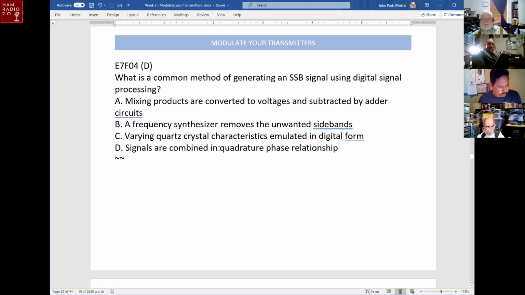It was an interesting combination of a direct conversion receiver and the quadrature phase thing that allowed the receiver just to receive one sideband or the other.